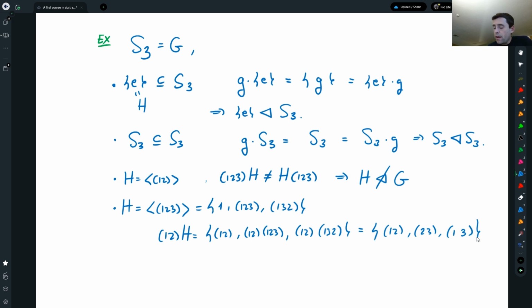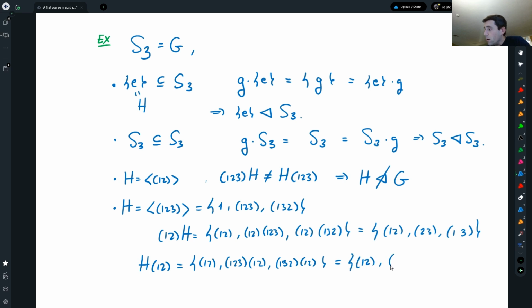And if I do H times (1 2), then I get (1 2), (1 2 3) times (1 2), and (1 3 2) times (1 2). You can do the computations and see that what I get is (1 2), (1 3), and (2 3), which is the same. So that works for that one.